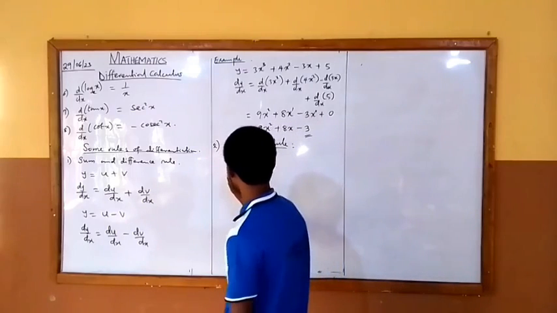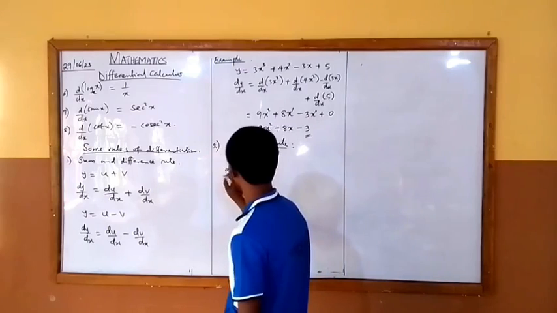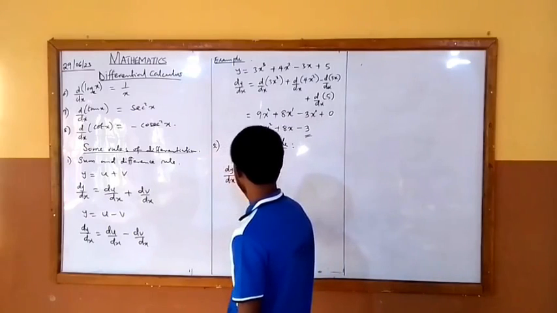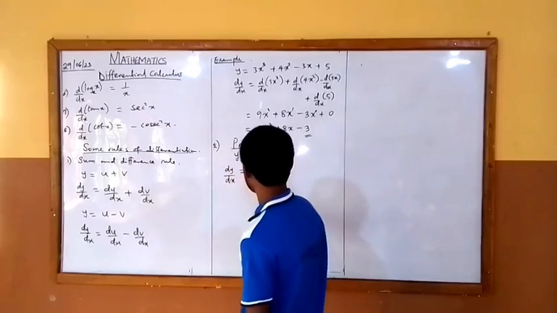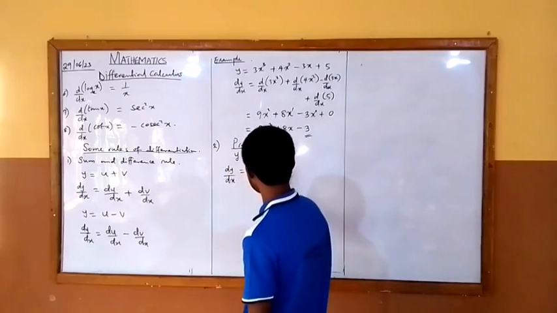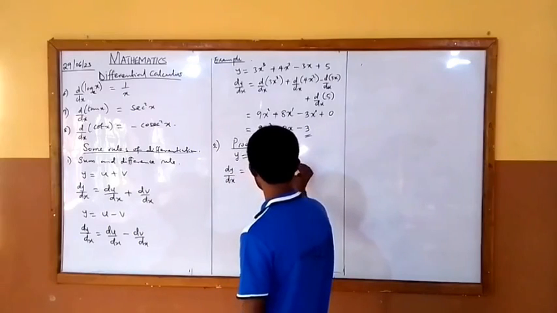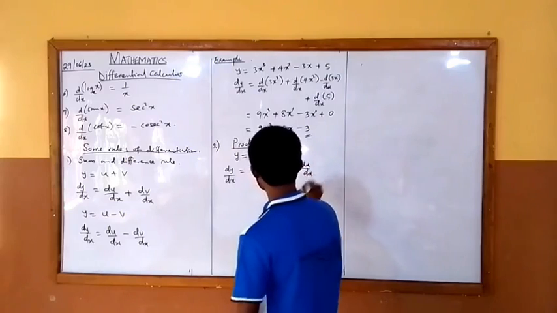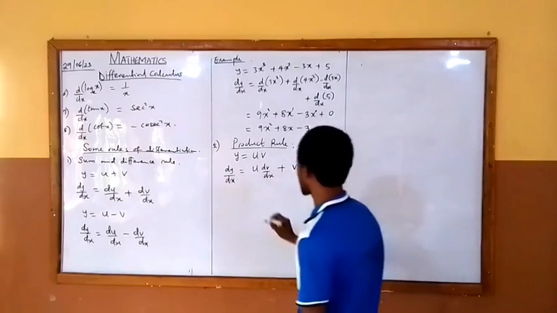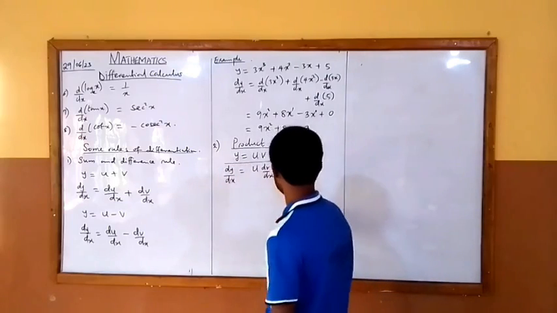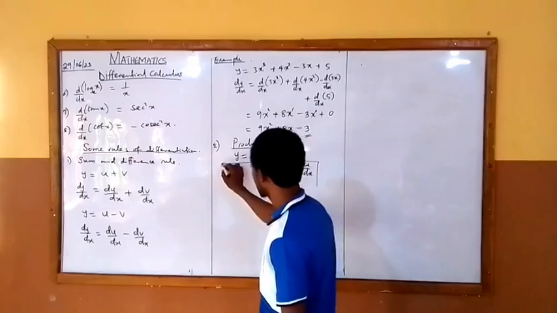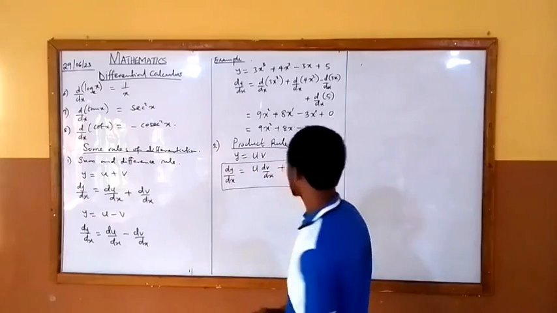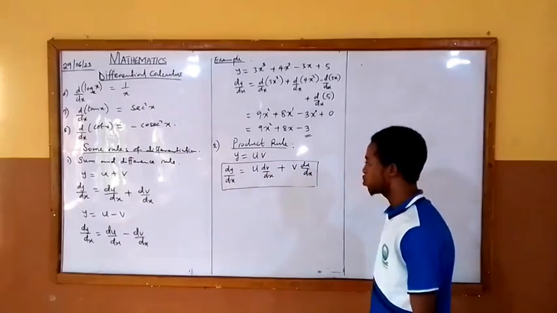So the formula here is dy/dx is equal to u dv/dx plus v du/dx. So this formula is applicable for a product function. This formula is what is called the product rule.